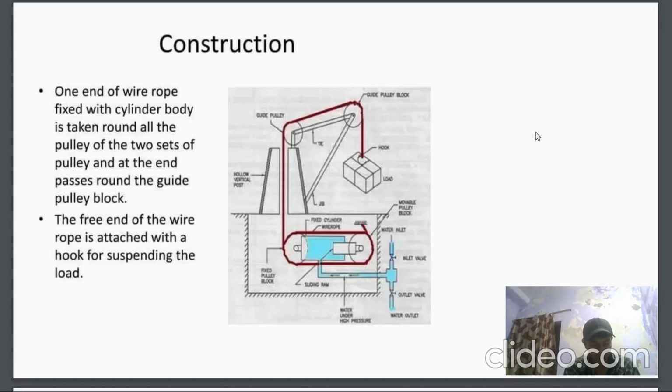This increases the distance between the pulley blocks, and hence the wire passing over the guide pulley is pulled by the jigger and thus raises the load attached to the hook. So this is all about the working and construction.